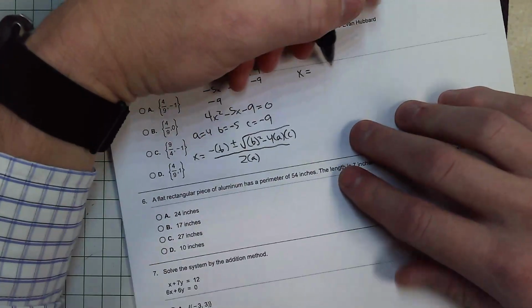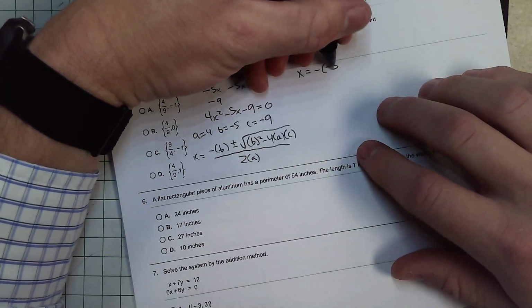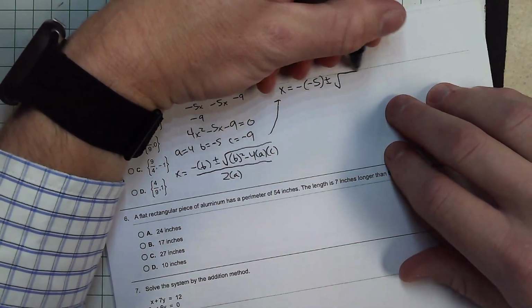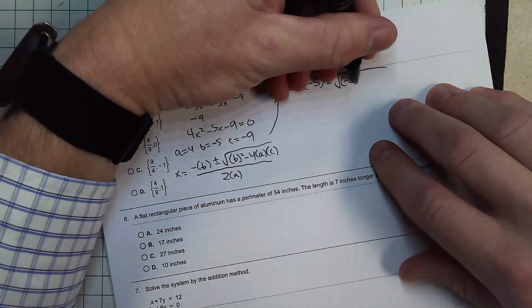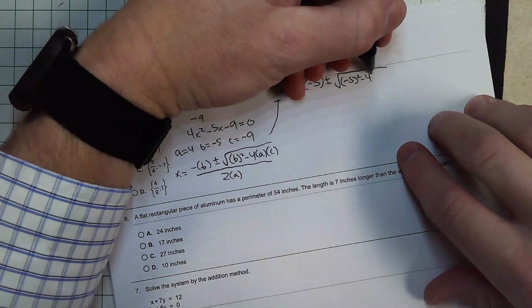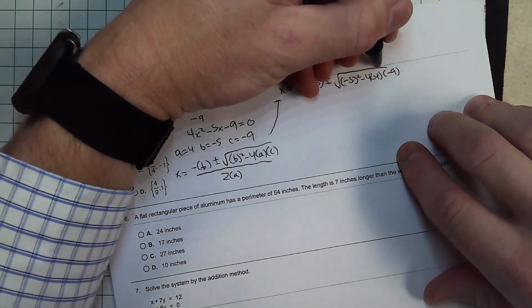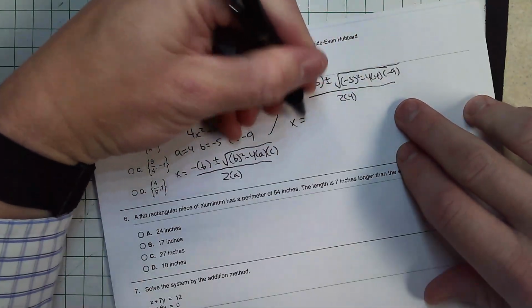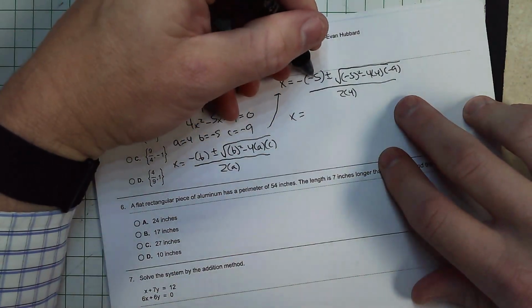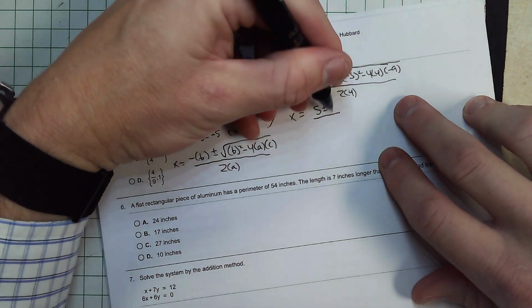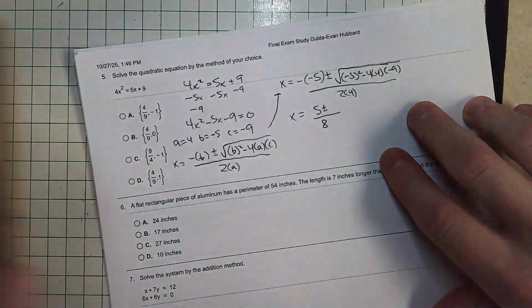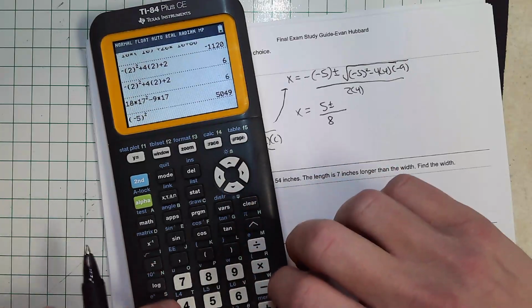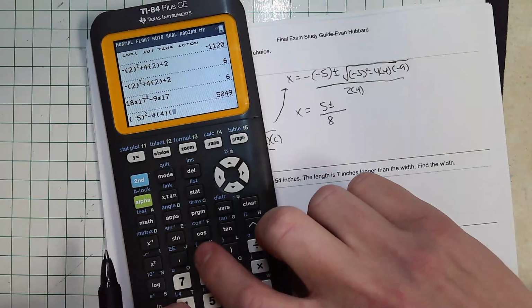So x equals negative times negative 5 plus or minus the square root of negative 5 squared minus 4 times negative 9, all over 2 times 4. Now I'm going to simplify everything around the plus or minus. Negative times negative 5 would be 5. 2 times 4 is 8. So now I'm going to simplify what's underneath the square root. That's called the discriminant. So negative 5 squared minus 4 times negative 9.